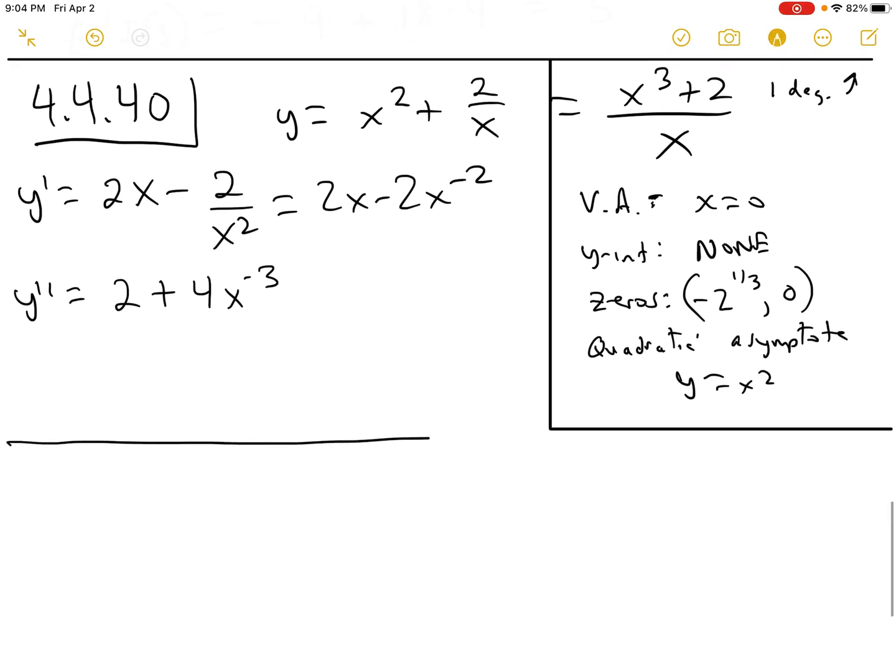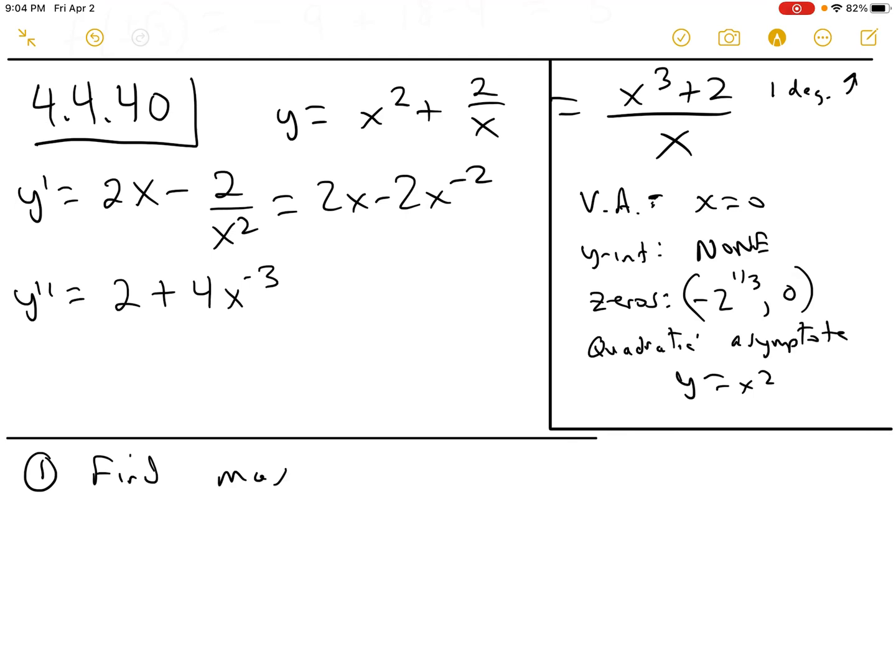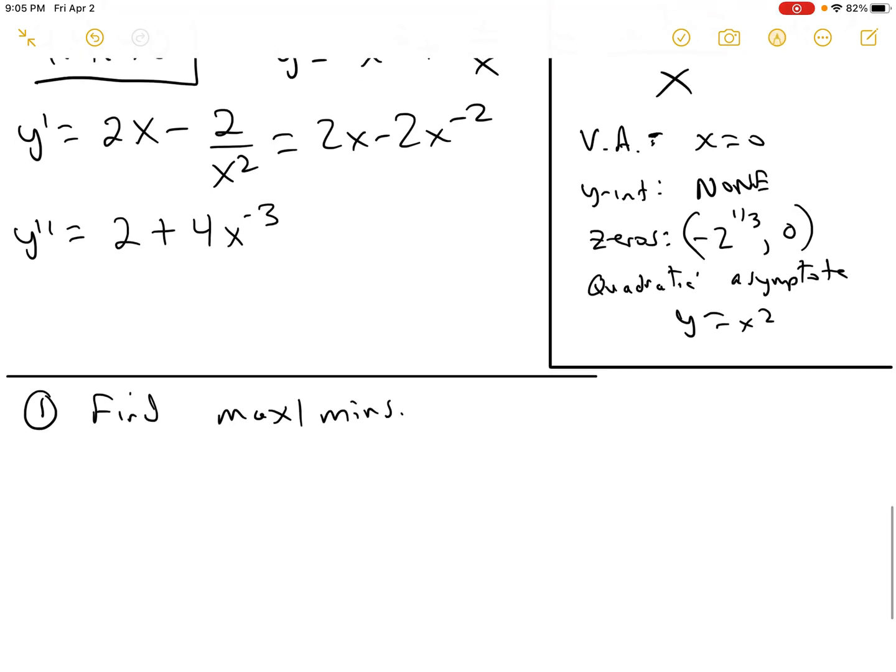Okay. So let's find max and mins. We have y prime equals 2x minus 2 over x squared.